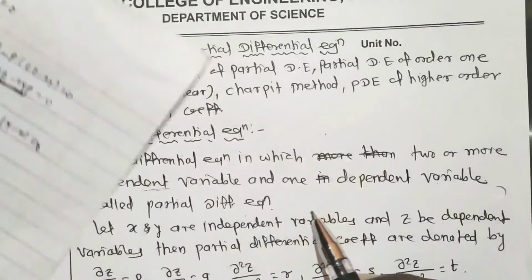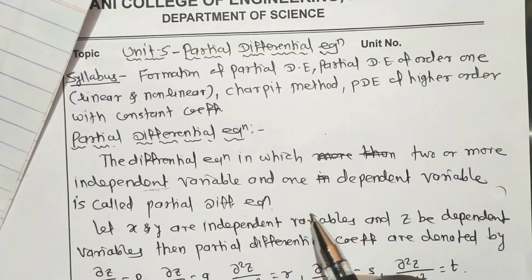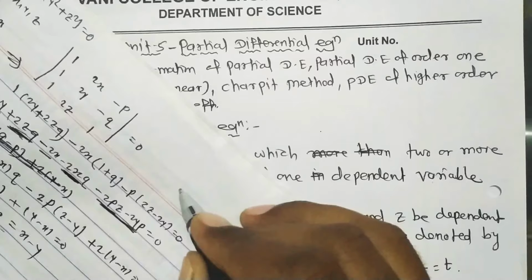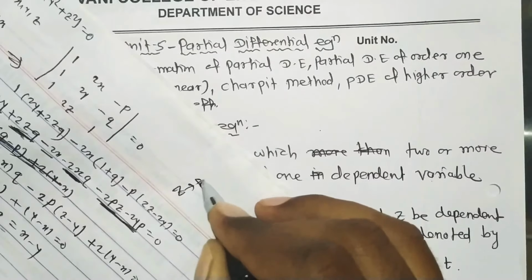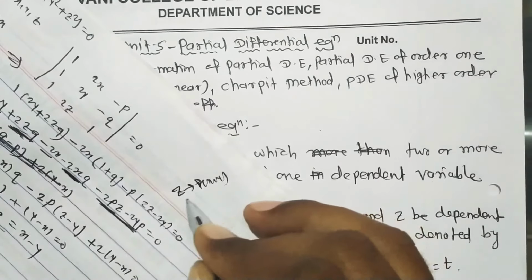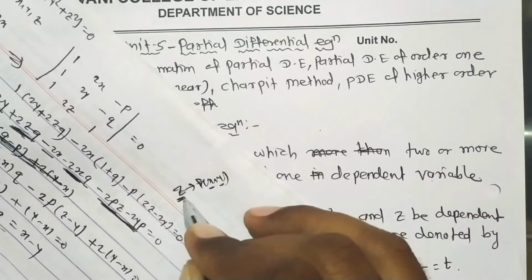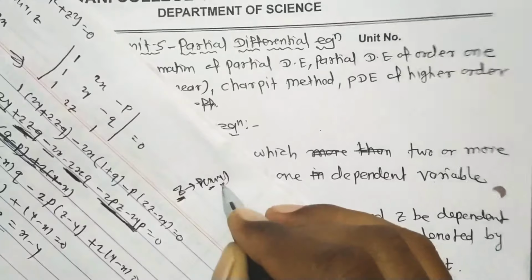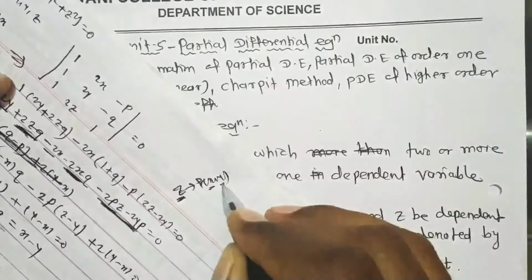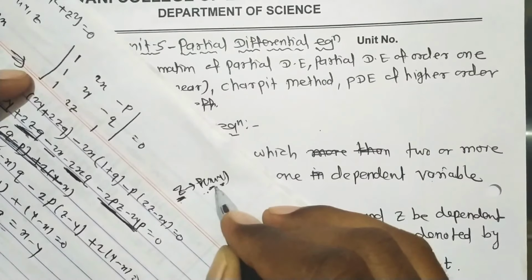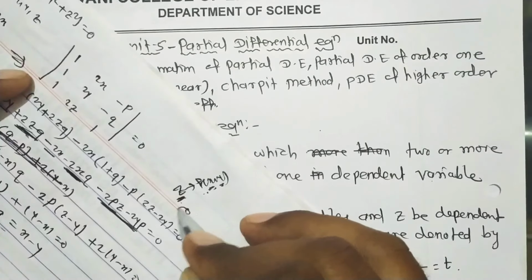So when we take partial derivative, what is the difference between ordinary derivative and partial derivative? Suppose z is function of two variables x and y, means here z depends on x and y. Z is dependent variable, x is independent variable. Z is function of more than one variable, and if z is function of more than one variable, then we can find its partial derivative.